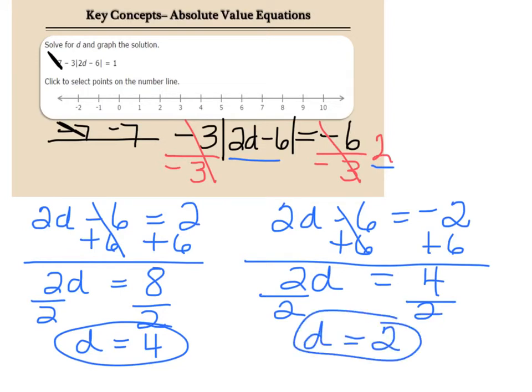Now you can plug those right into the original equation and do 2 times 4 is 8. 8 minus 6 is 2. 2 times 3 is 6. 7 minus 6 is 1. So that side's right. On this side, 2 times 2 is 4. 4 minus 6 is negative 2.